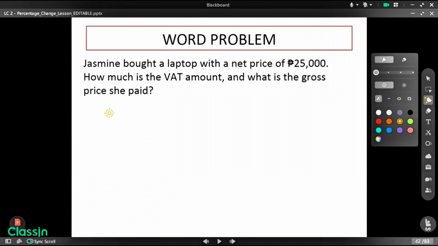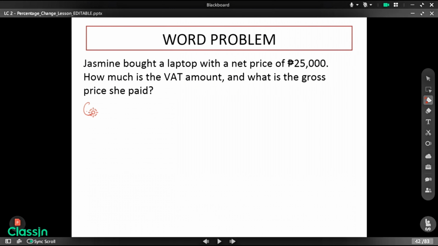Alright, so the problem: Jasmine bought a laptop with a net price of 25,000 pesos. How much is the VAT amount and what is the gross price she paid? So given, let's write all the given. Net price, 25,000 pesos.